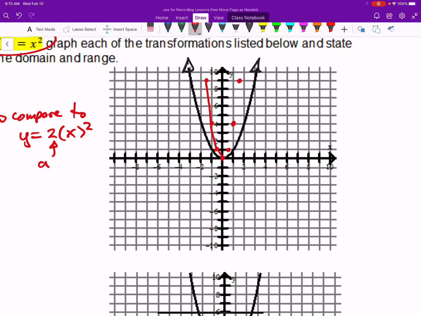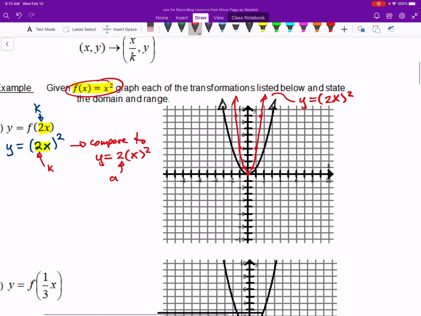So if we look at this graph I've done here, this is the graph of y equals (2x) squared, because the k value of 2 made it half as wide as the parent function of y equals x squared by comparison.